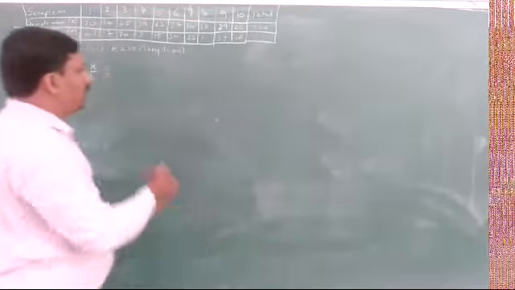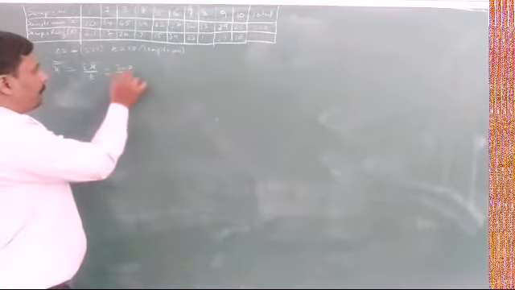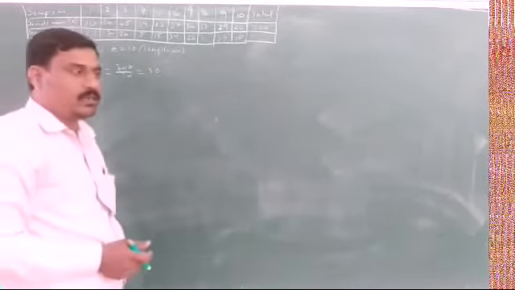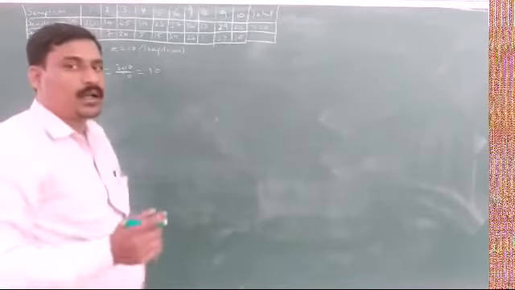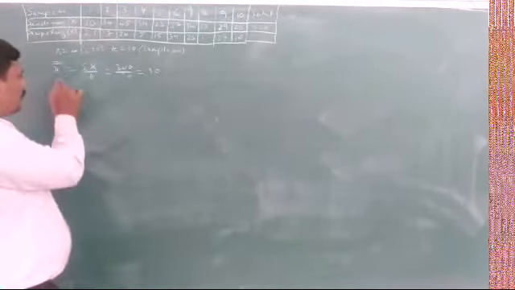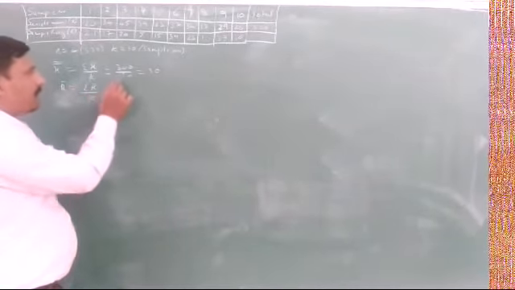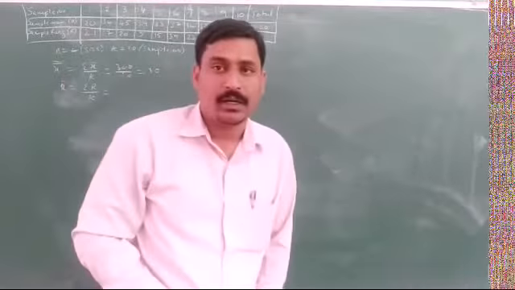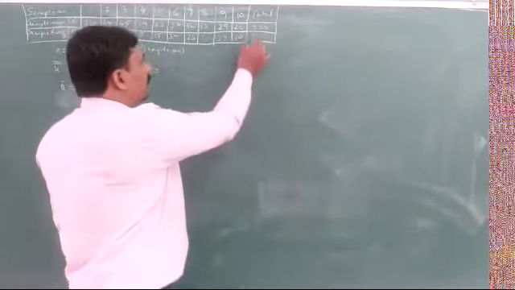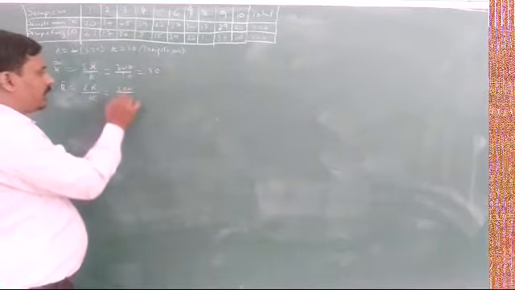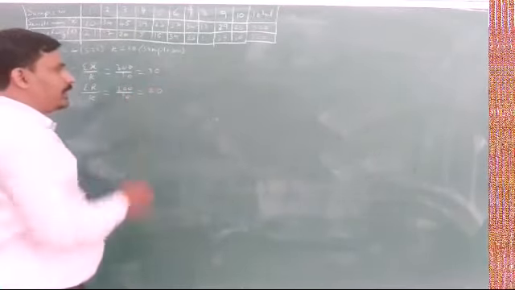So 300 divided by 10 is equal to 30. Then the second thing we need to find here is R bar. R bar is equal to summation of R divided by K. The summation of R is 200, total of R values. So 200 divided by 10 is equal to 20.